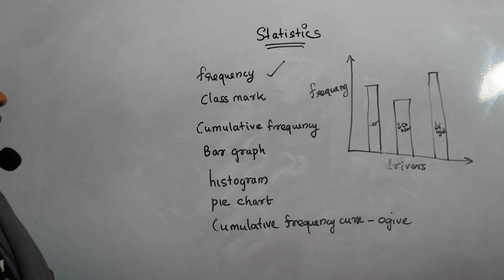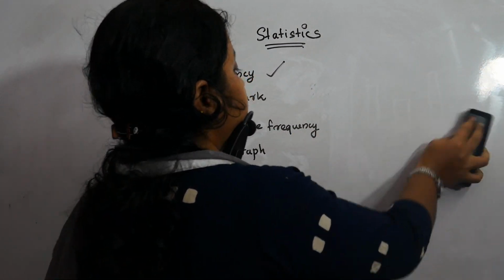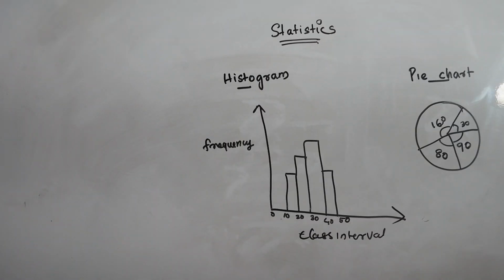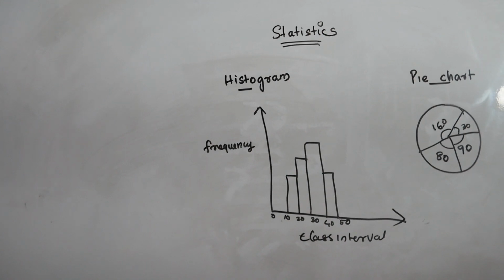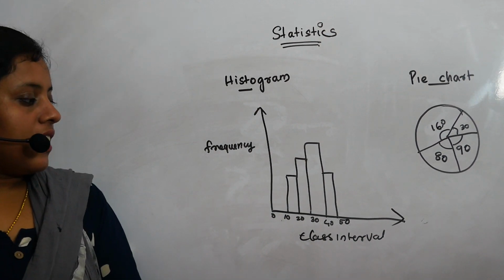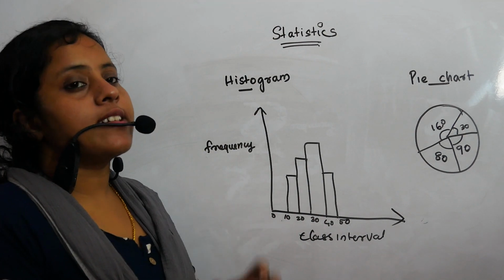Okay, now what is a histogram? A histogram represents class interval on one axis and frequency on the other axis.